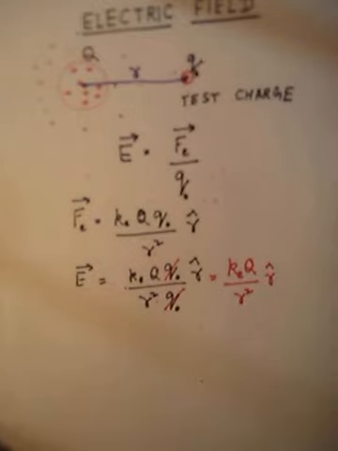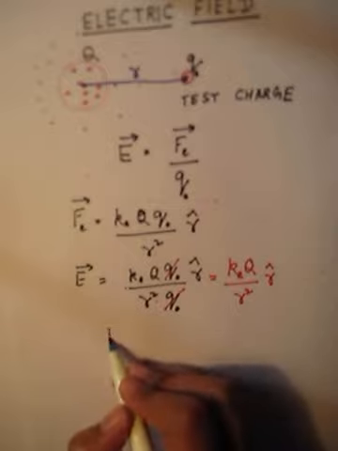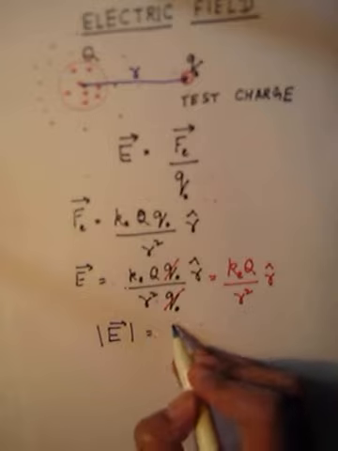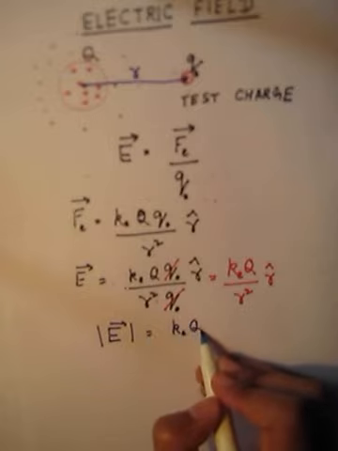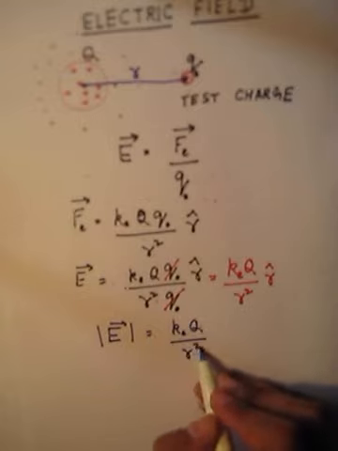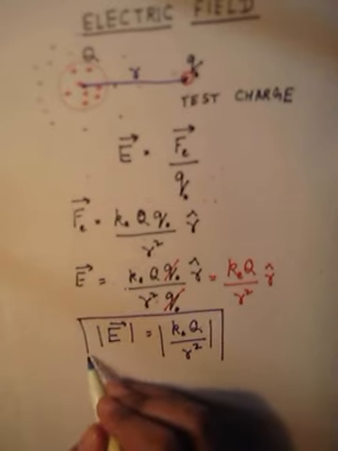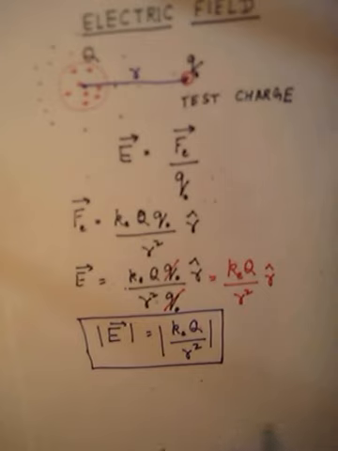Or in magnitude, we can say that the electric field magnitude will be equal to Ke, the source charge, upon r square. So this will be the magnitude of the electric field at any point where there is a test charge.